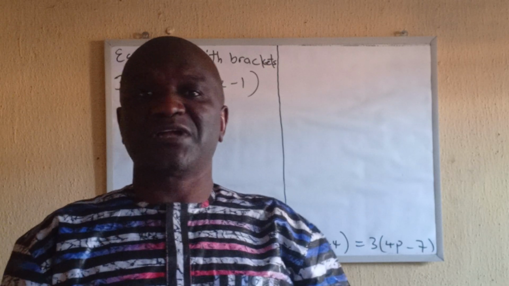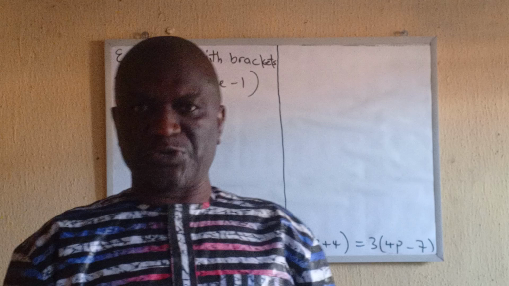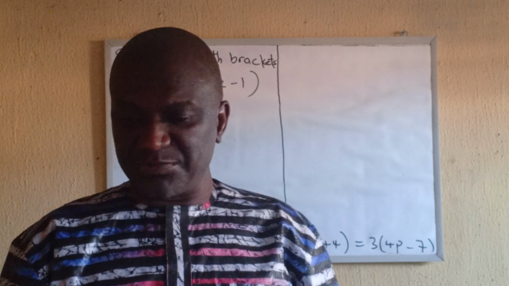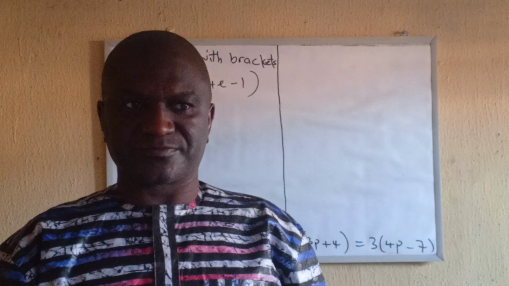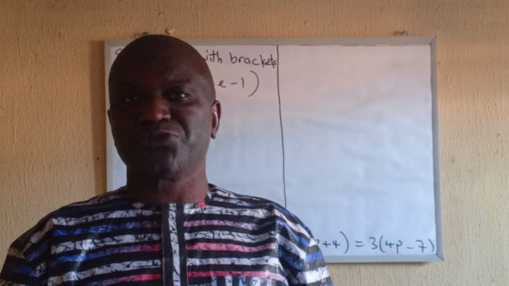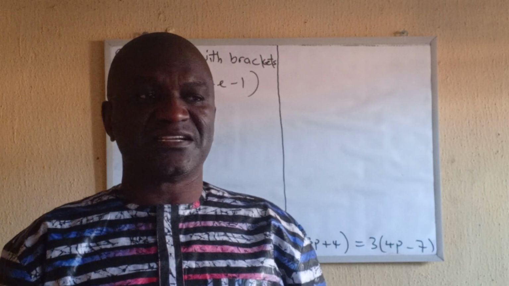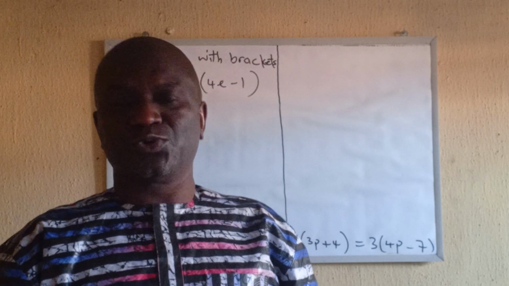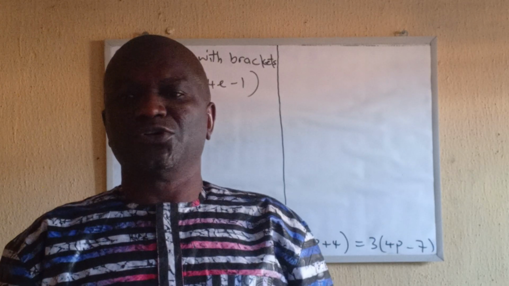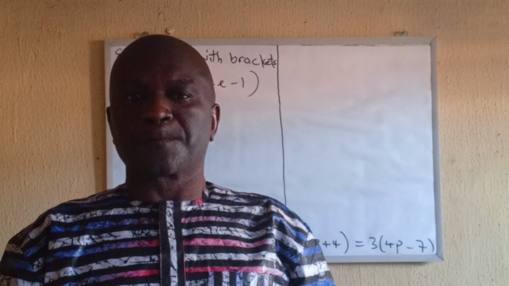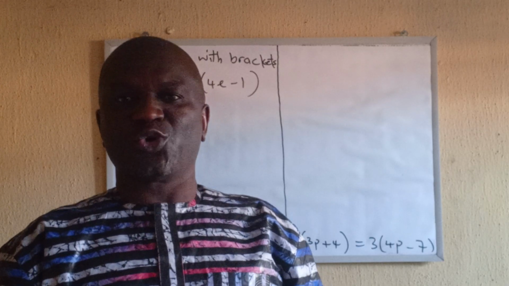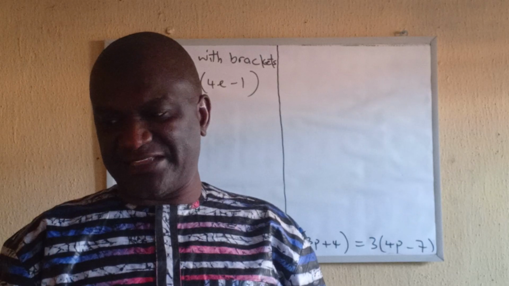Previously, we looked at simple equations, and we said that in every equation, you must be able to identify the left-hand side and the right-hand side, and you should equally know that the left-hand side is equal to the right-hand side.